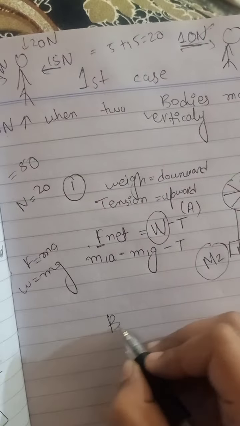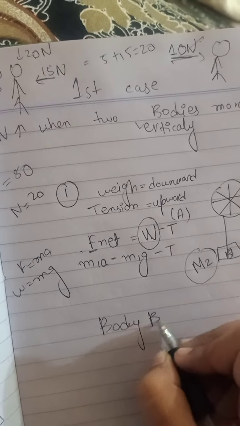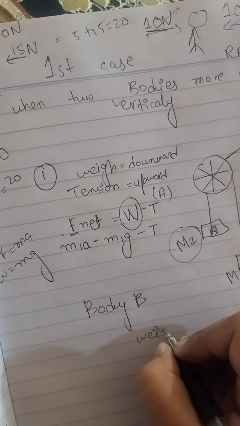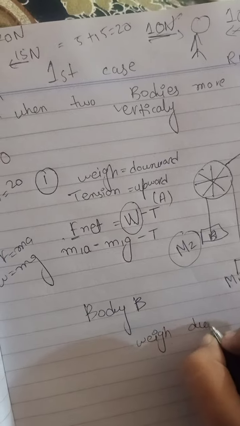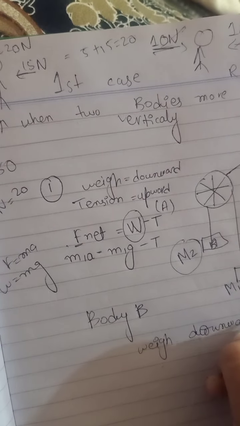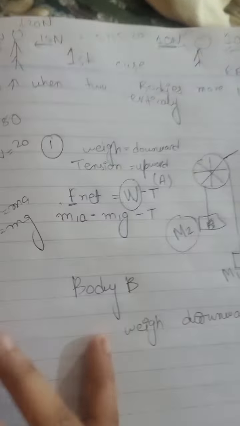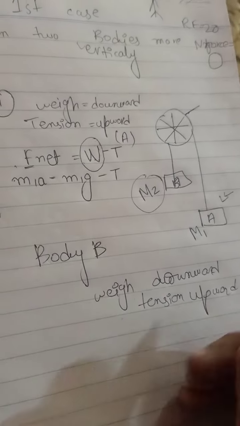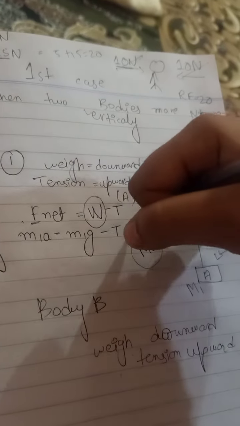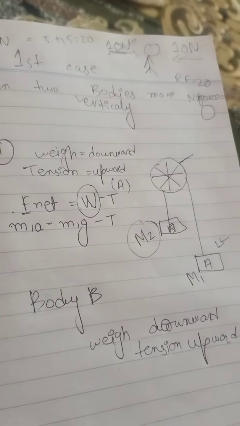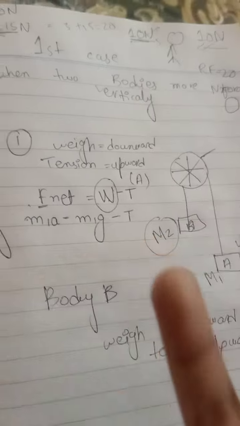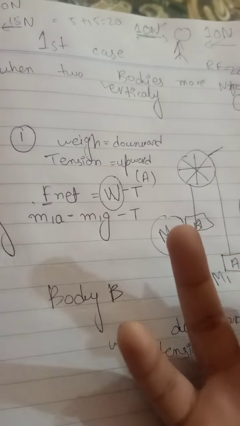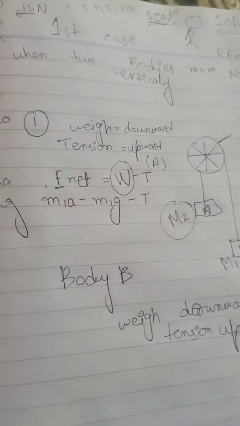If you're talking about body B, the weight is downward, and tension is upward. As you can see, the tension of the body is upward, and since the tension is more, of course the weight of the body is less, so it is downward.